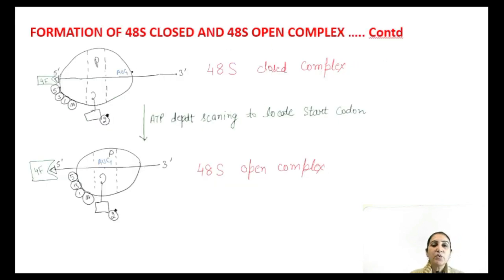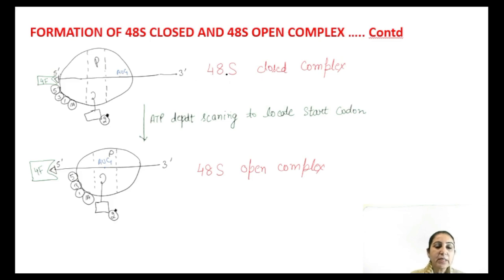So now we have formed the 43S pre-initiation complex on one side, and on the other side we have seen how the initiation factor 4F gets attached with the mRNA and folds it upon itself.